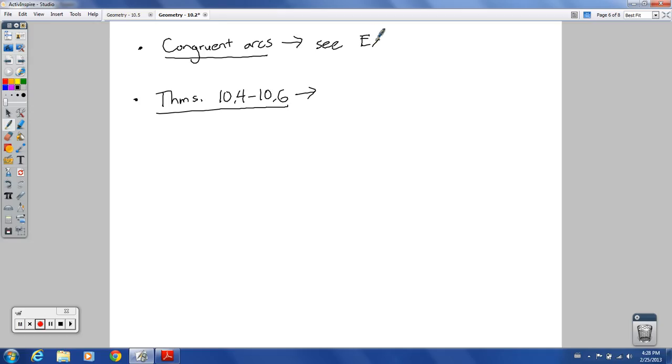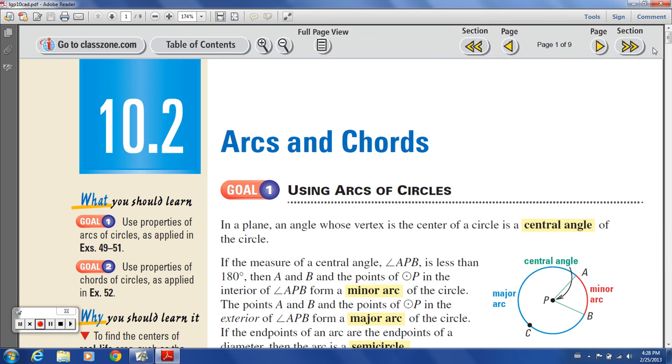I want you to see example 3, page 604. I think it's pretty easy just to look at that together a moment with you. And then these theorems, page 605, that's where you can find those. And they deal with midpoints of arcs.